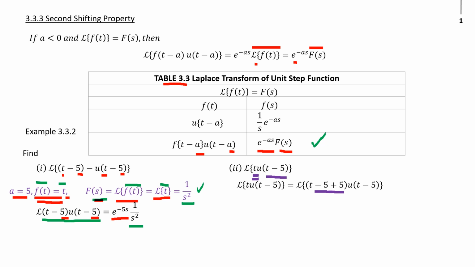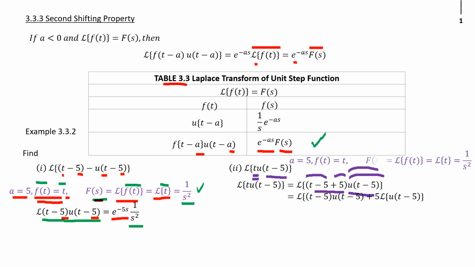Minus 5 plus 5 equals 0, so it is the same as the original one, and u(t minus 5). Now you can multiply (t minus 5) with u(t minus 5), and then plus 5 with u(t minus 5).